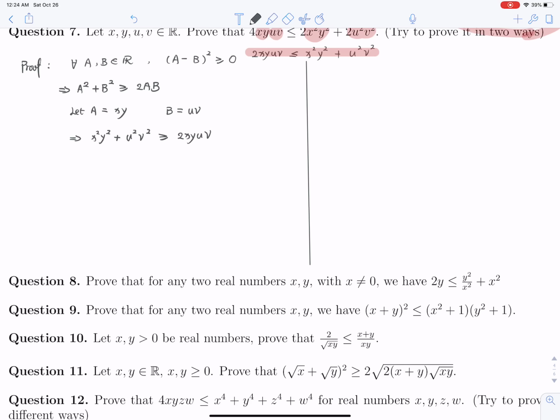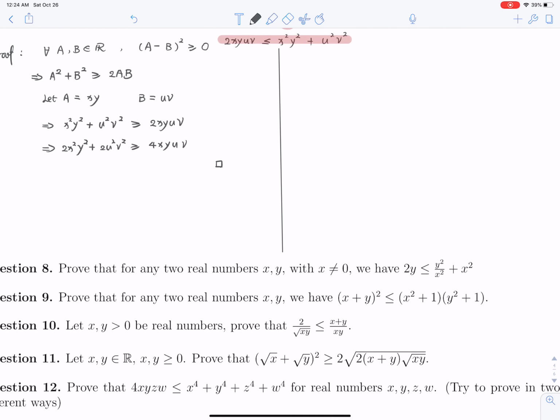Now we multiply both sides by 2. You'll get exactly what we need for xy uv. And we're done.